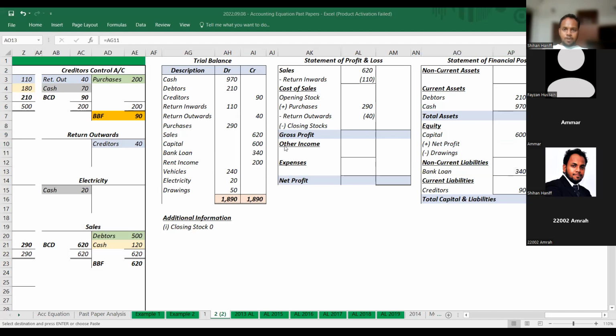Rent income 200. Vehicles 240. It's a non-current asset.